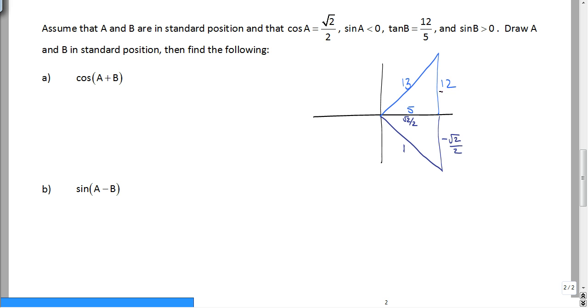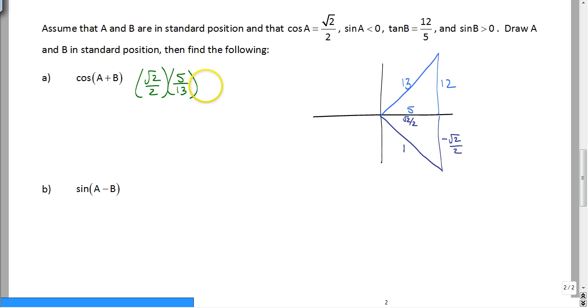Okay, so the first thing we're going to do is look at our formula, and we're going to say, hey, guess what the cosine of a is? The cosine of a is going to give us square root of 2 over 2. And then the next thing we're going to do is we're going to say, what is the cosine of b? And the cosine of b is 5/13.